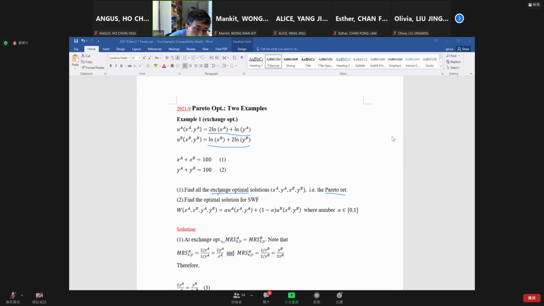This is an exchange economy, nothing to do with production, just about exchange or distribution, allocation of products between the members in the society. And in general, this set is pretty large. It's very, very many solutions.